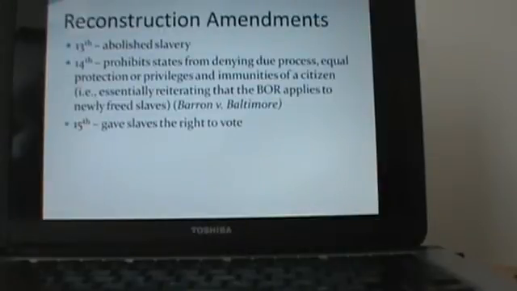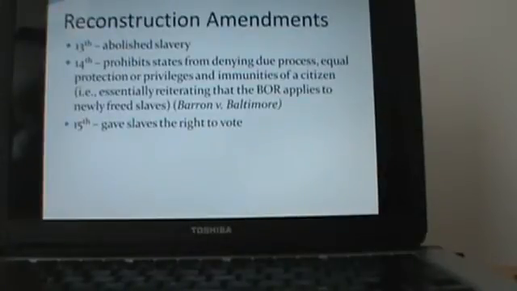And that bears out in Barron versus Baltimore, where the state of Maryland wanted to take Mr. Barron's land through eminent domain. And he said, you can't do it, Maryland. Only the federal government can do that.